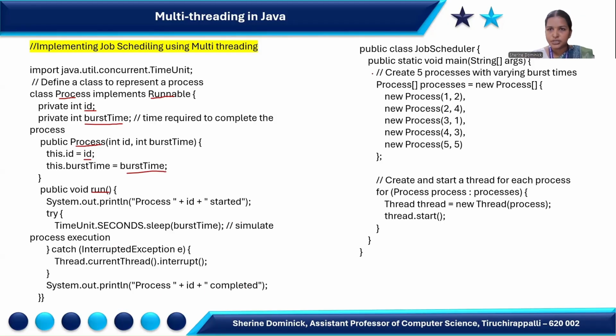Now in the main function, I'm creating an object called processes, and with this object, I'm passing the values. First I have the IDs of the process and then the burst time.